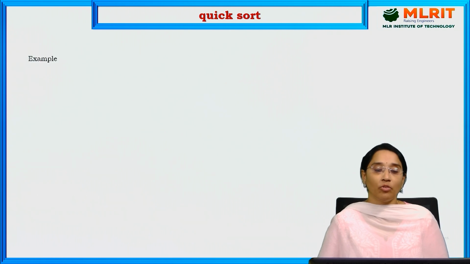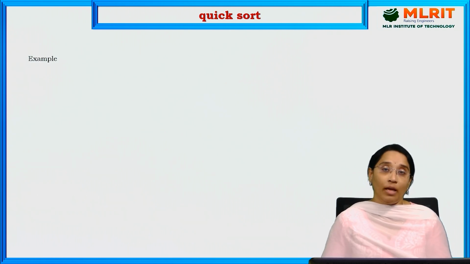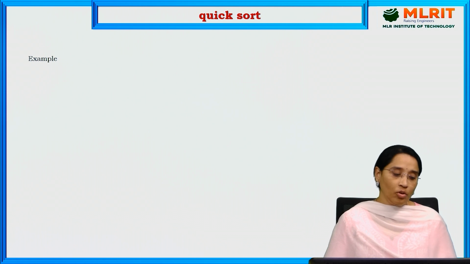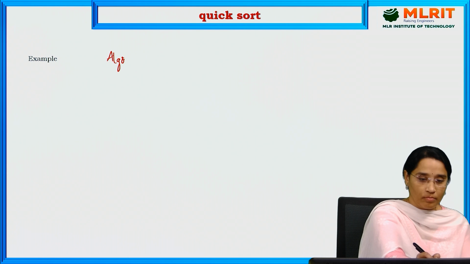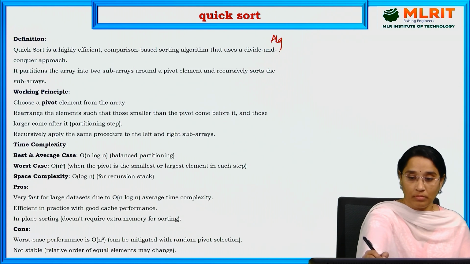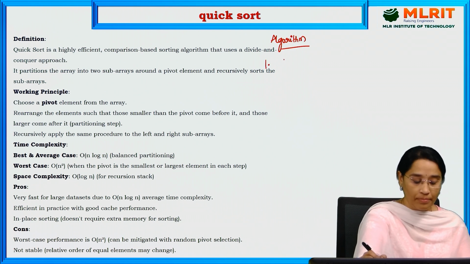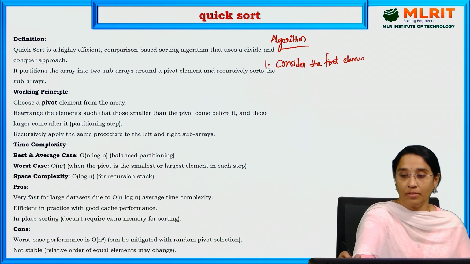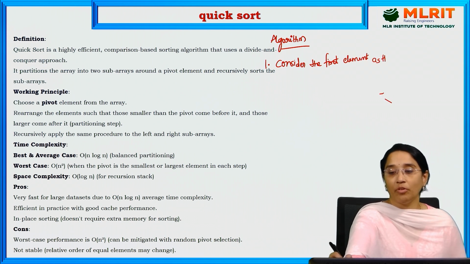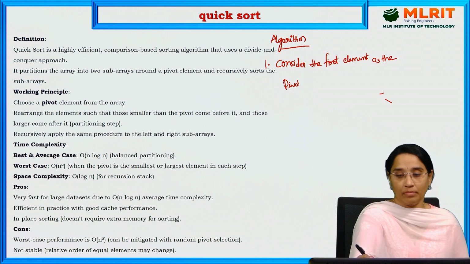Before going into the quicksort, let's see the algorithm for the quicksort technique, to place the pivot element in order. The algorithm for quicksort: first, consider the first element as the pivot element.